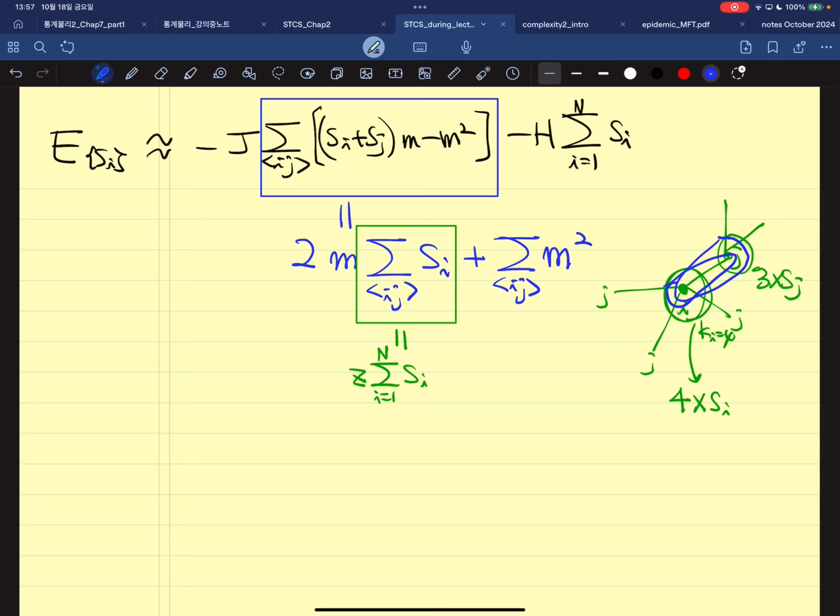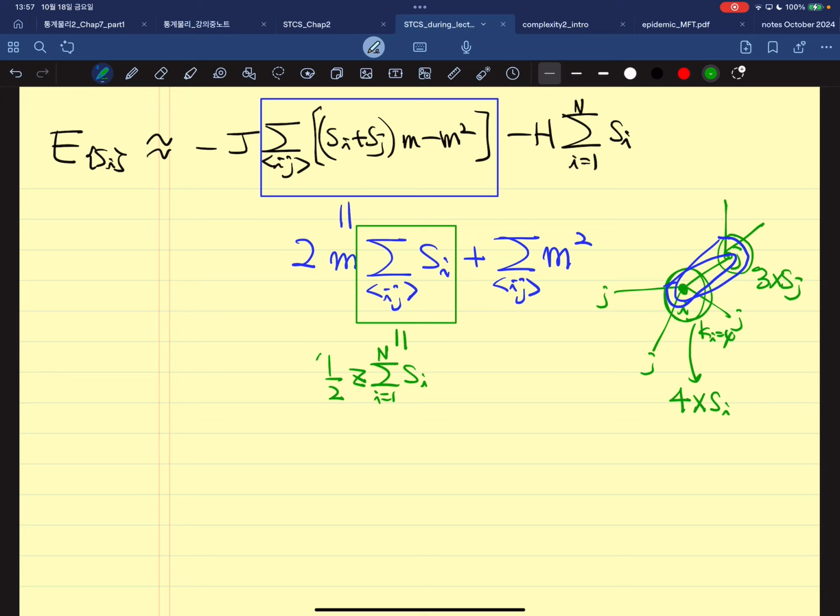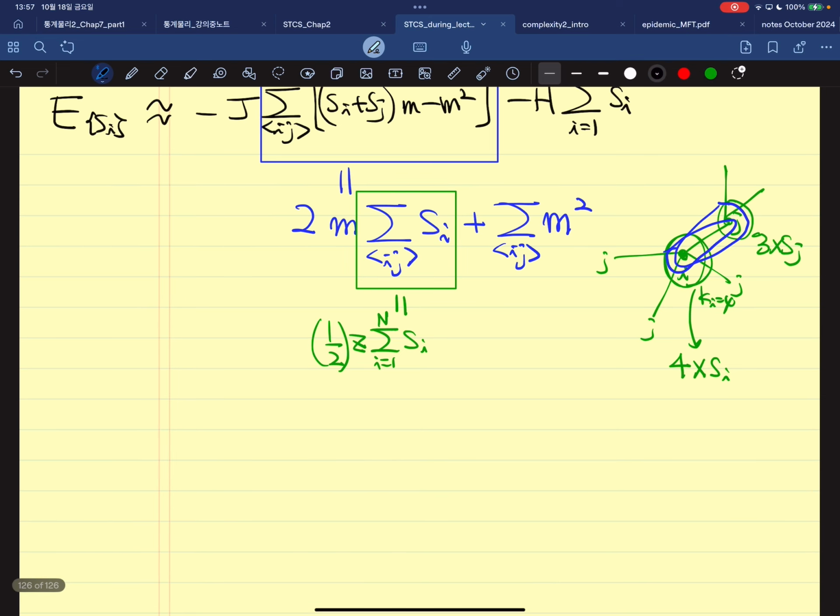Because of this, we need to have the factor of one half, because this interaction only counts the number of undirected edges in our terminology. This is again a gross approximation, and it's not applicable to networks with different degrees.